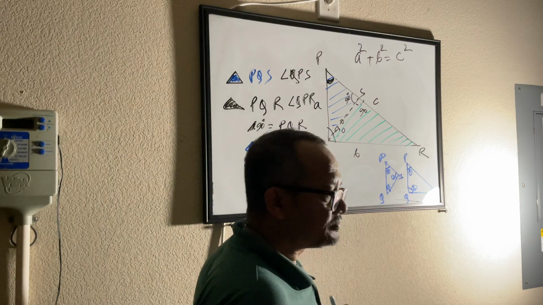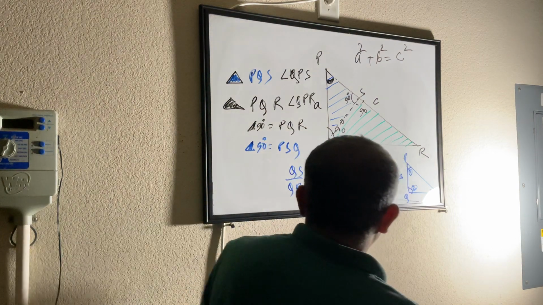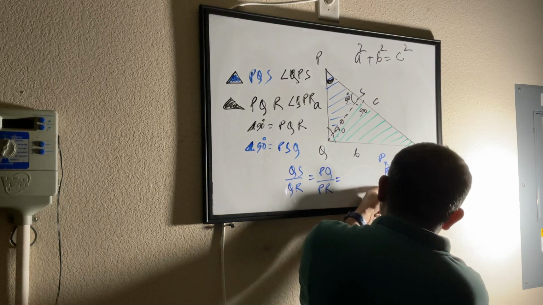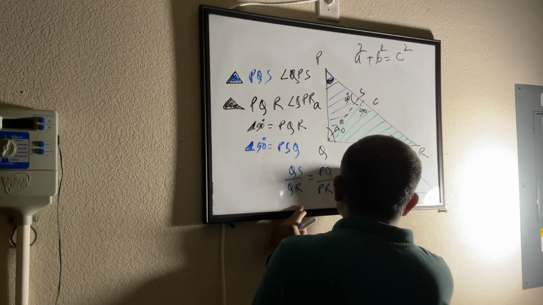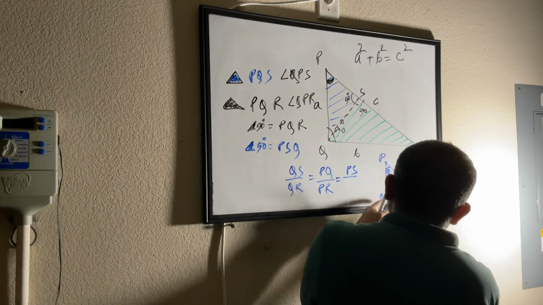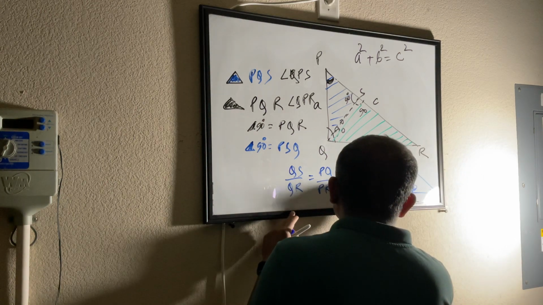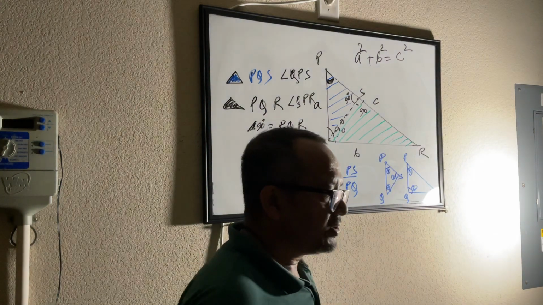Okay? And the third one, this angle and this angle are matching. So side opposite to this is PS divided by side opposite to this one, which is PQ. Okay?